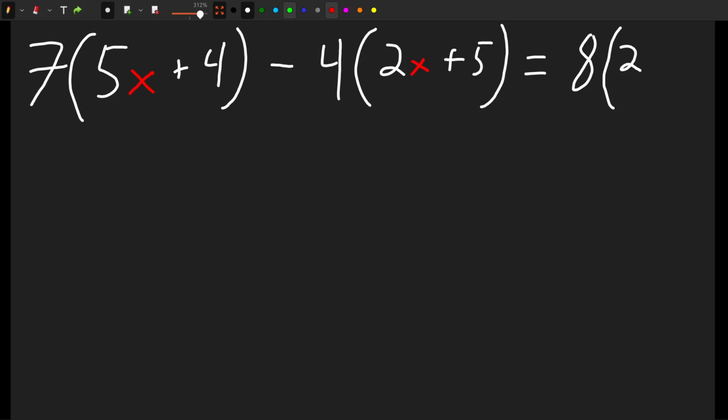Dropped my pencil, but that's okay. 2x minus 6) end parentheses. Okay, just barely got it to fit there.